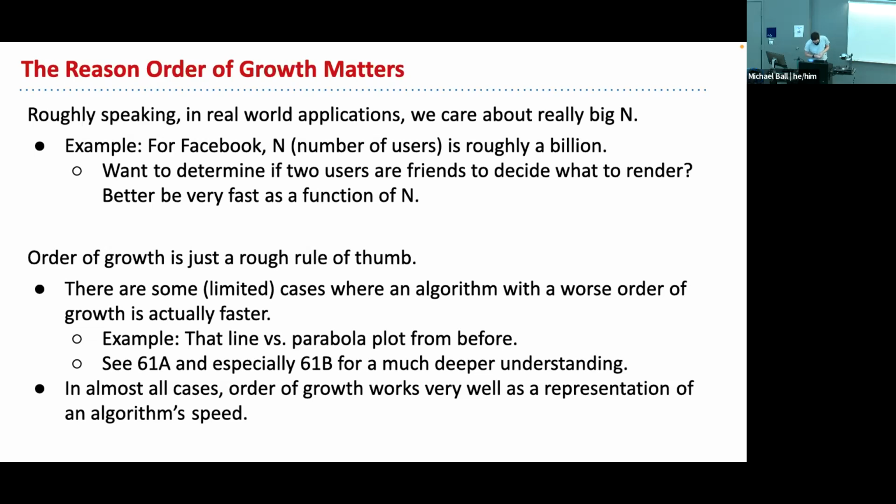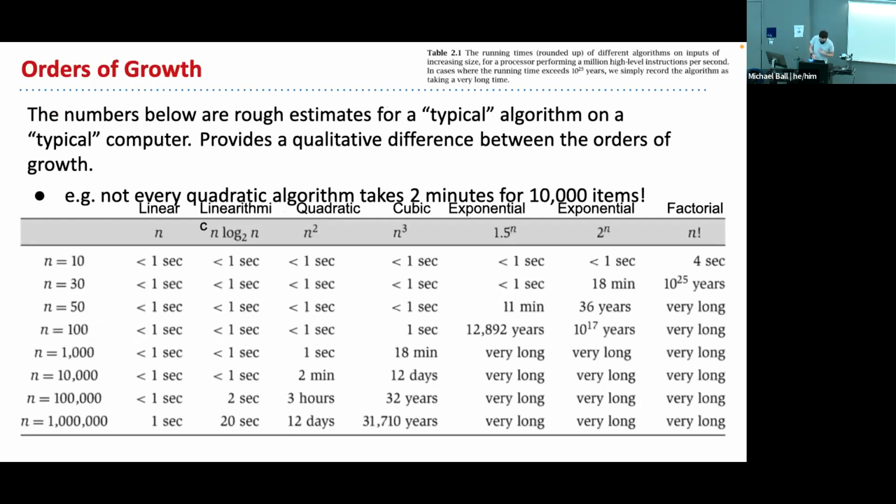There are a limited number of cases where some algorithms perform better as n gets larger, but we're not really going to consider those. They come up a little bit in CS10. But in general, our orders of growth approach works really, really well. I'm not going to go into this table because it's a lot of examples.